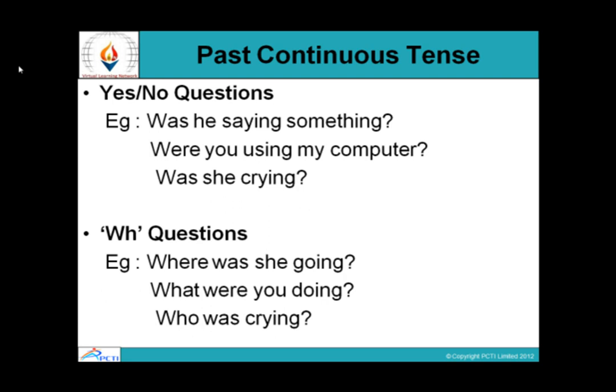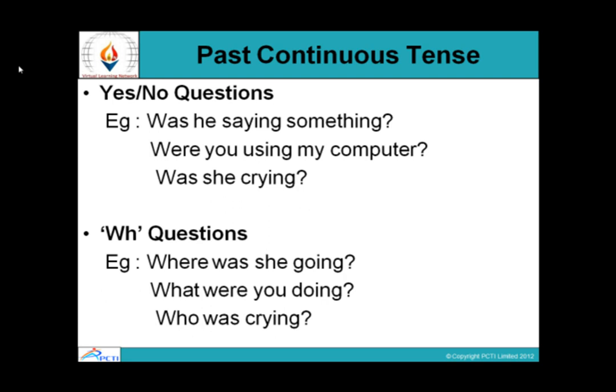For example, where was she going? So the person who is asking this question had seen her going somewhere in the past, and this question is being asked in that context. Someone saw her going and someone wants to know where she was going. Hence, the question, where was she going?